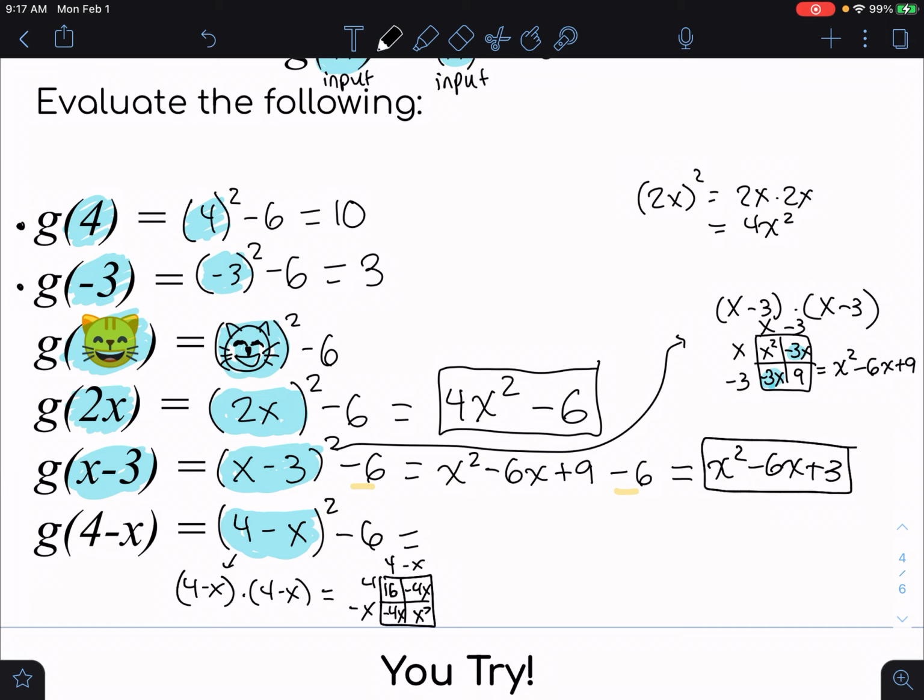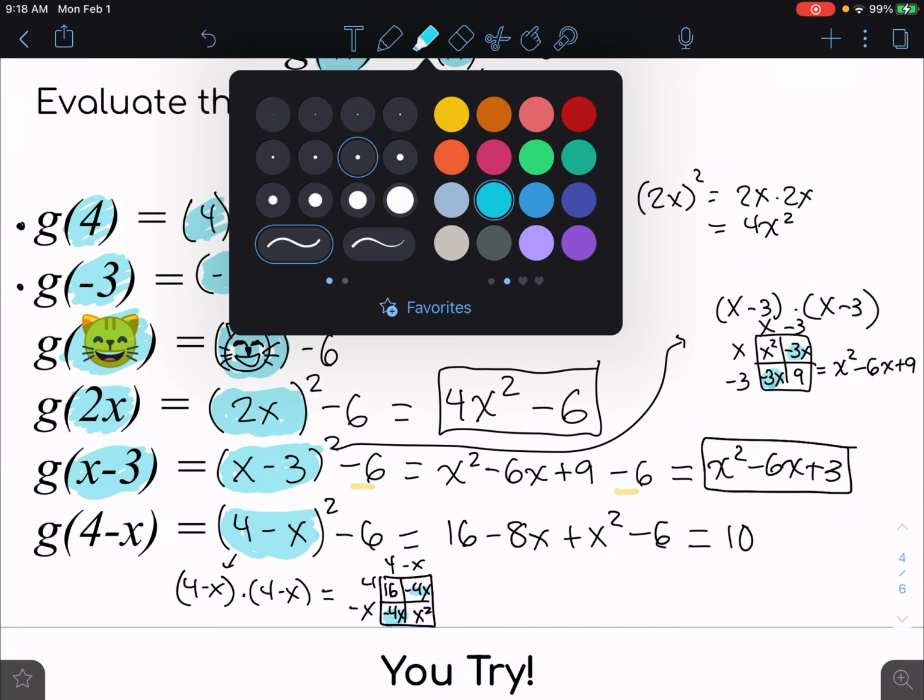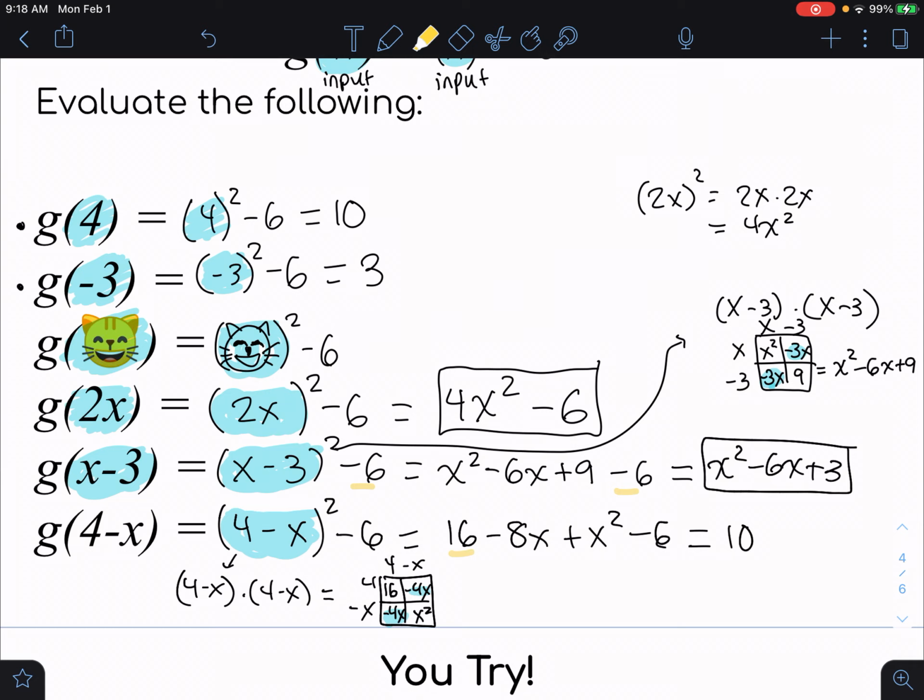And then we get a positive x squared down here, right? So I got 16 minus, got some like terms here, minus 8x plus x squared, and then minus 6 again. So I'm looking here, I got 16 and negative 6. That combines to be 10. Minus 8x plus x squared.